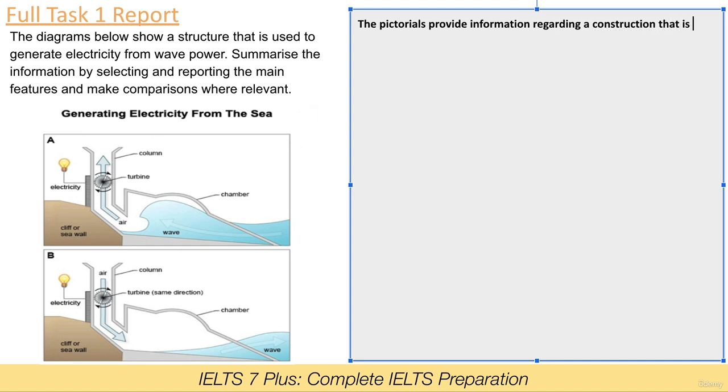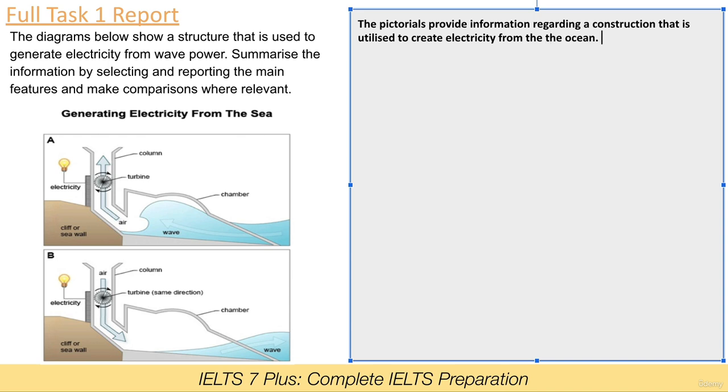That is utilized to create, synonym for electricity. Oh, it's tricky. We might keep that in because we don't want to lose the meaning, like we've said before. That is utilized to create electricity from the ocean, perhaps.